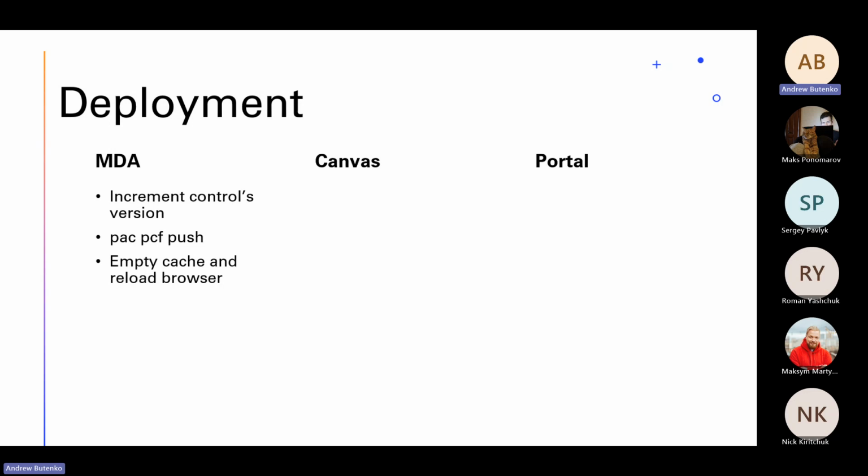So if you need to deploy the updated changes into your Canvas app, these are the steps that you will have to perform. So first one, remove the control that is used inside the Canvas app and publish the app.